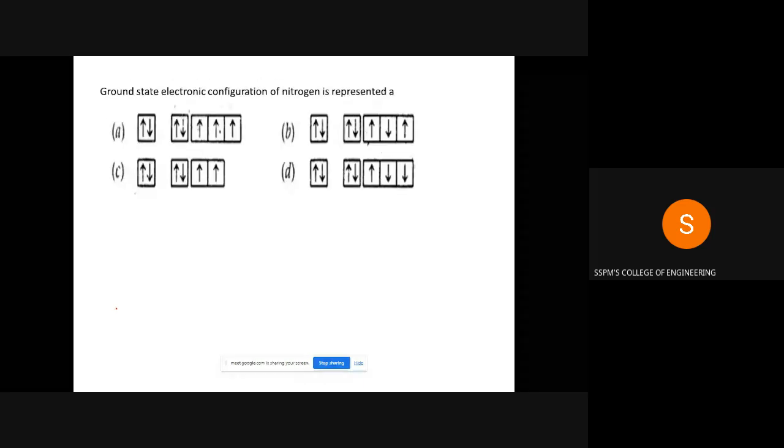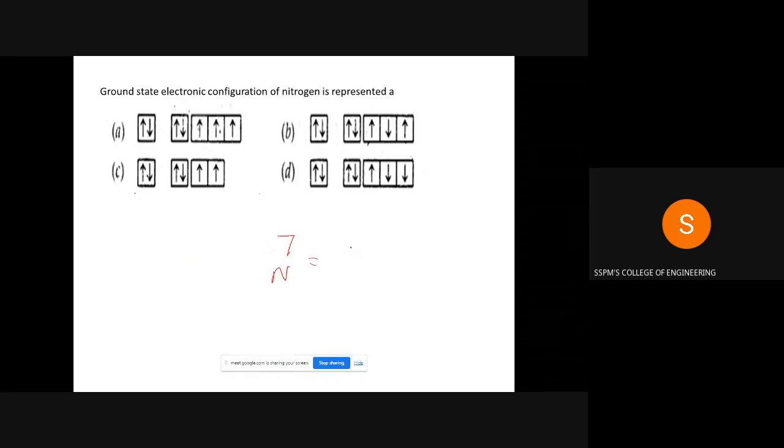Then, the ground state electronic configuration of nitrogen is represented as. Nitrogen has atomic number 7. Hence 7 electrons.